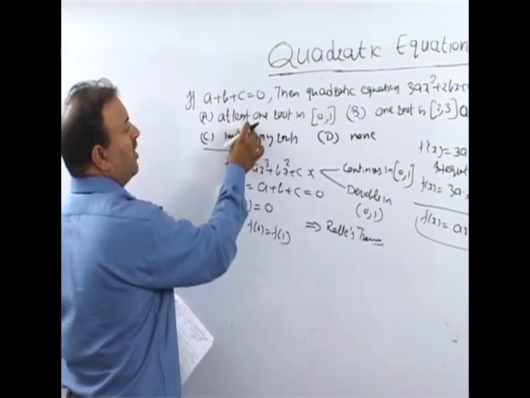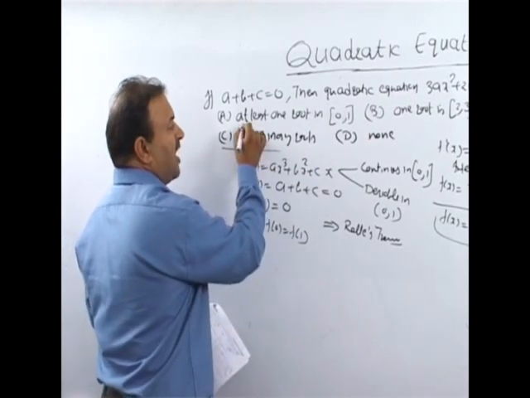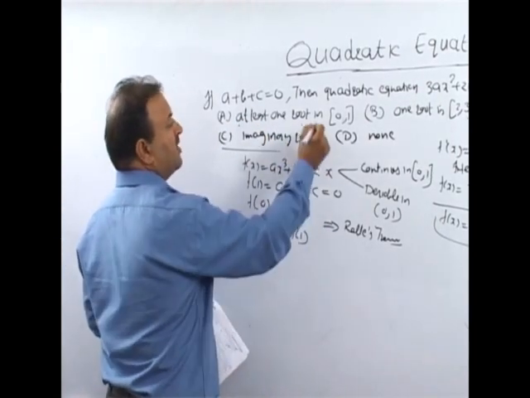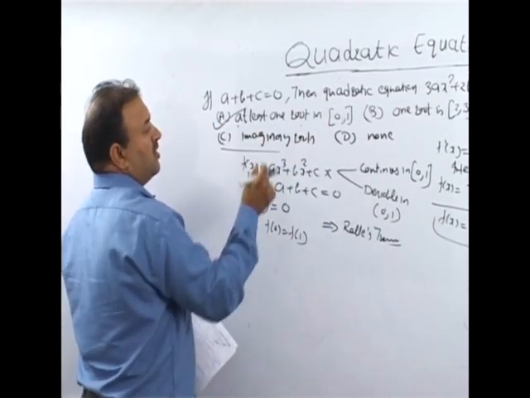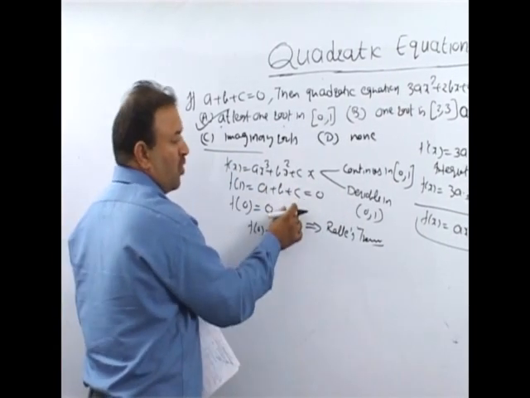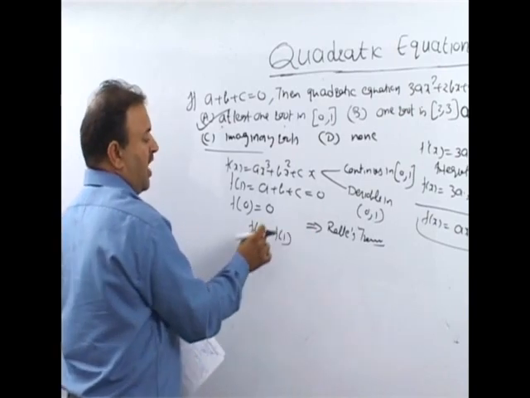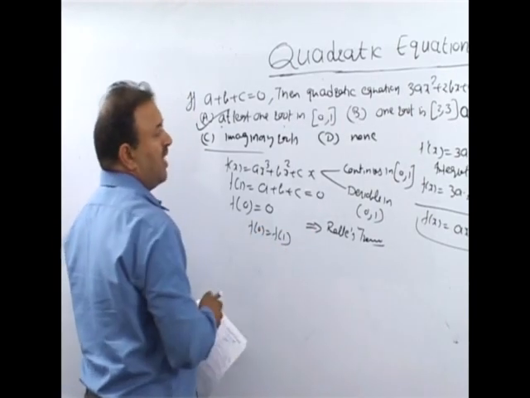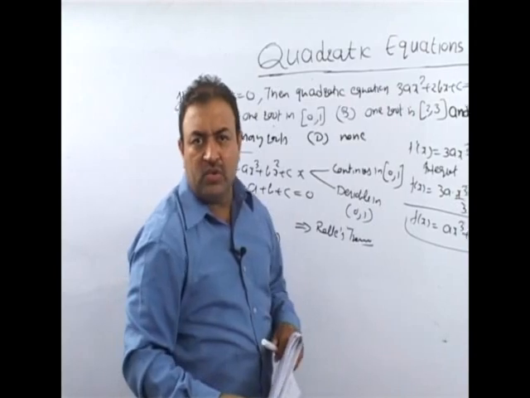We have to find the interval, which means it has at least one root in (0, 1). This is how we use Rolle's theorem: if a function is continuous, differentiable, and f(0) equals f(1), then it must have at least one value c in (a, b).